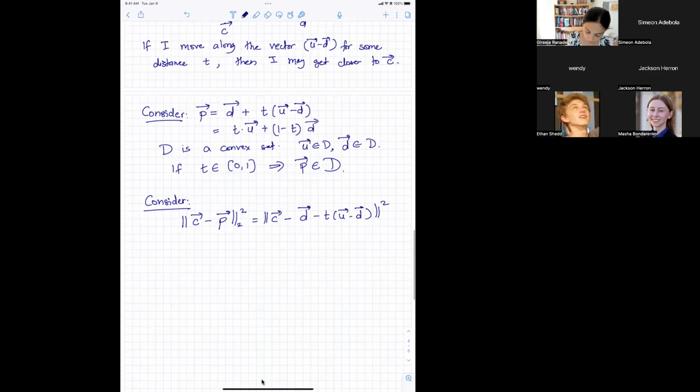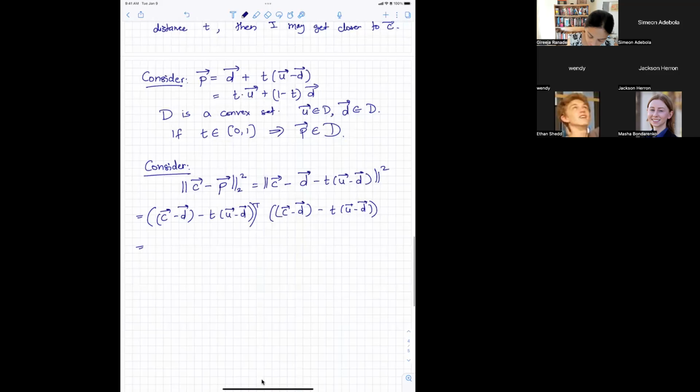So this norm squared, I can compute just like I would any other norm squared. So I'm going to write it as C minus D minus T times U minus D, transpose, times C minus D minus T times U minus D. Okay?